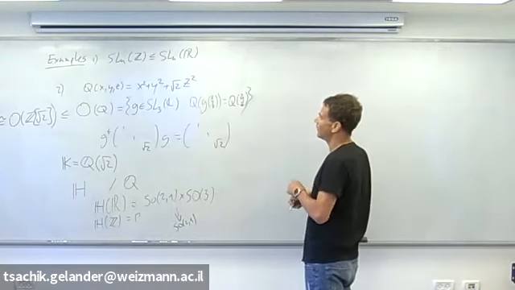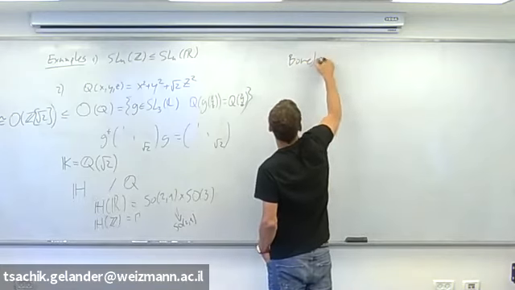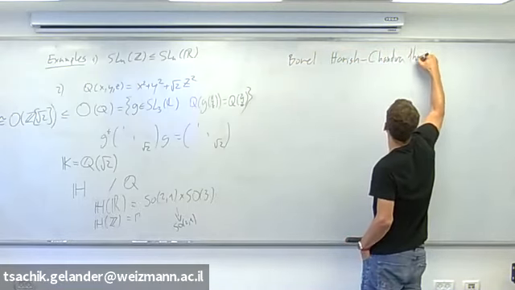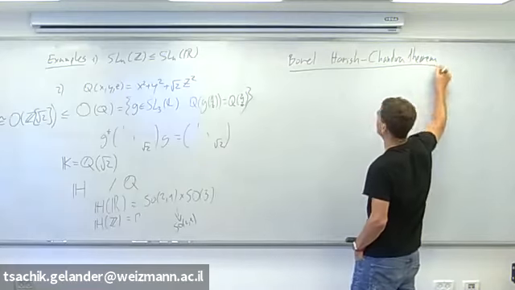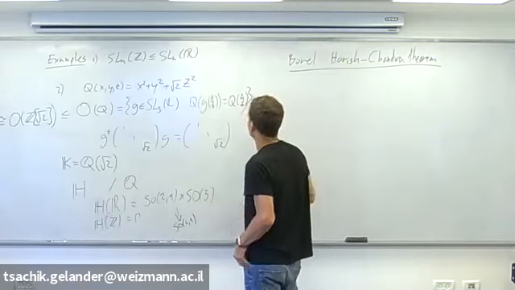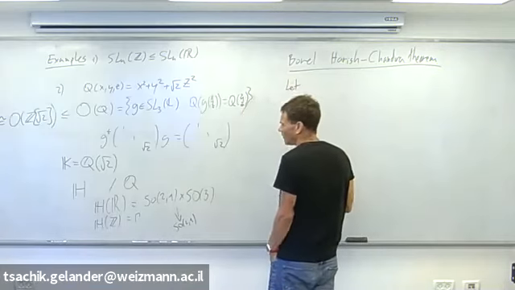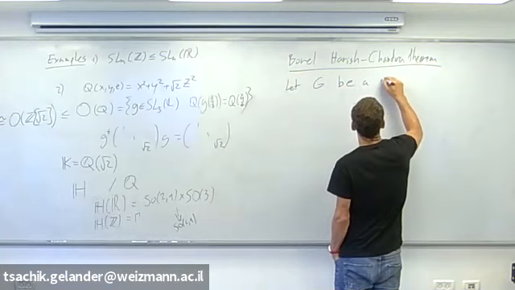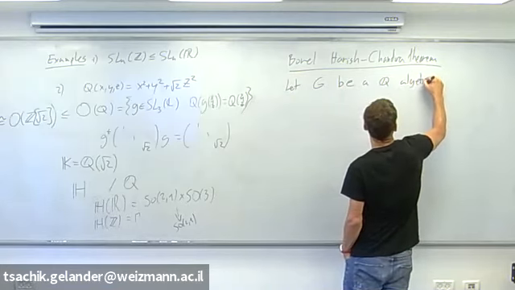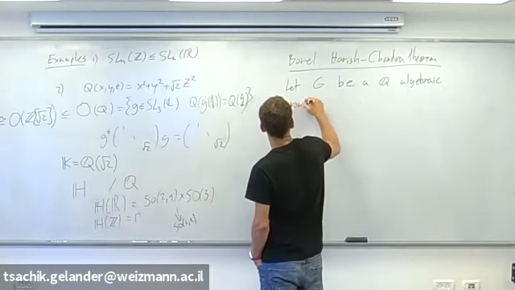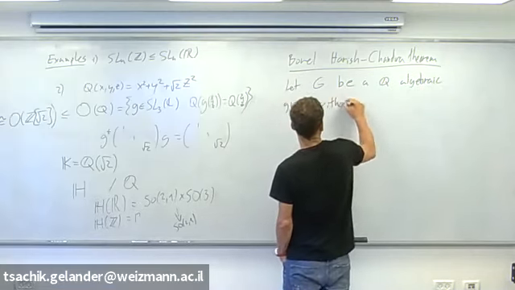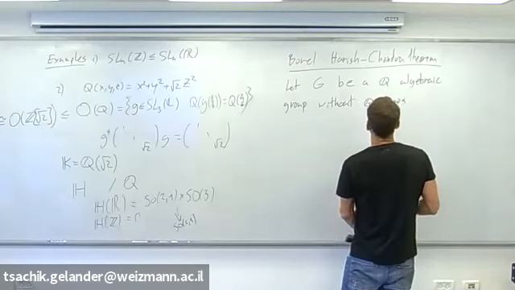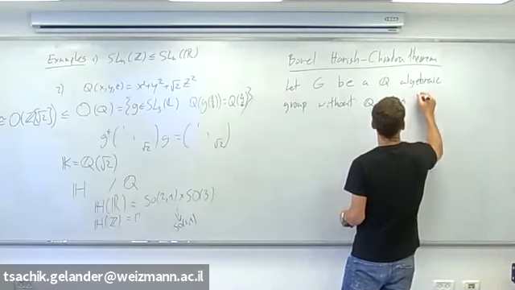The Borel-Harish-Chandra theorem says that, let G be a Q-algebraic group without Q-maps to R^*.